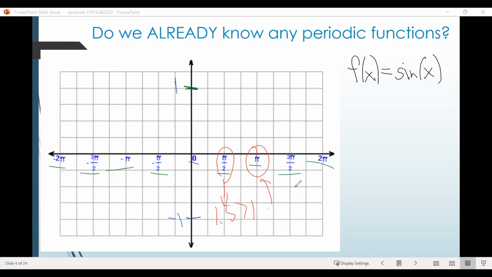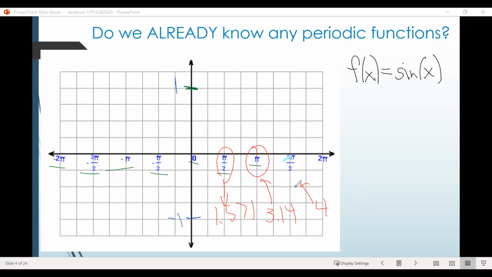We know pi is about 3.14. 3pi/2 is about 4.712. And then 2pi is about 6.28. So notice those are pretty reasonable, fairly small numbers to use.